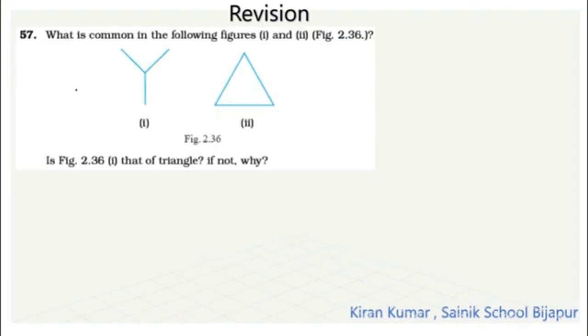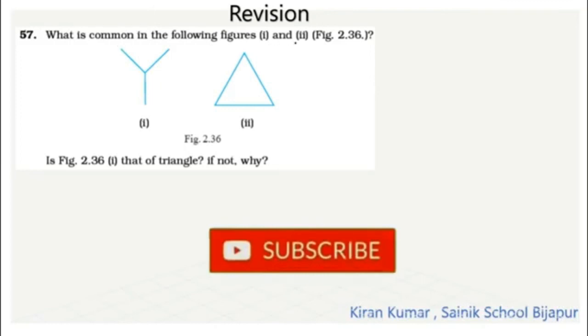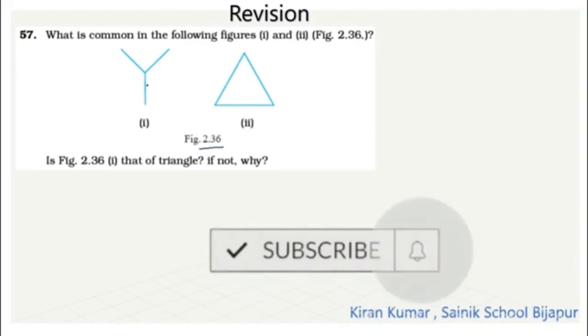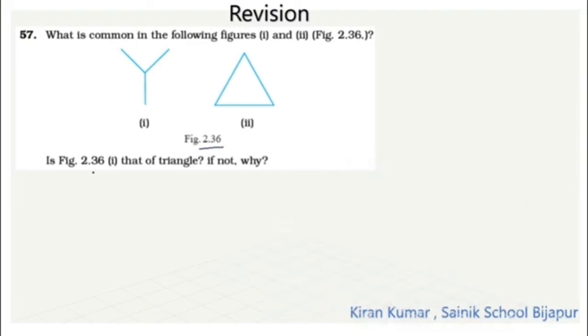Question 57. What is common in the following figures 1 and 2? Look at figure 2.36. We need to identify what is common in both the figures. First one, that of a triangle, is it? If you count the number of line segments here we have 1, 2, 3 line segments.